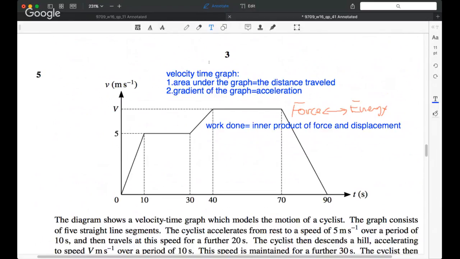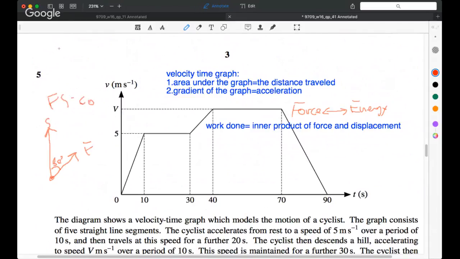So what do we mean by inner product? It's just when, for example, you have a particle traveling just vertically upwards, and you have a force pulling it at an angle, let's say 60 degrees. And the inner product is just the force times the distance, but times again the cosine of the angle between them.